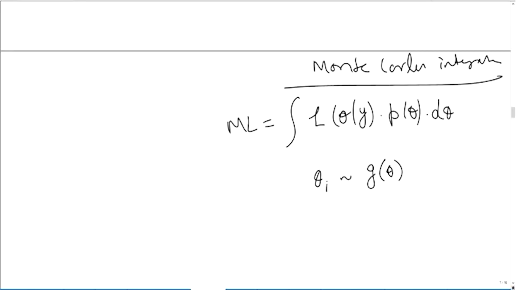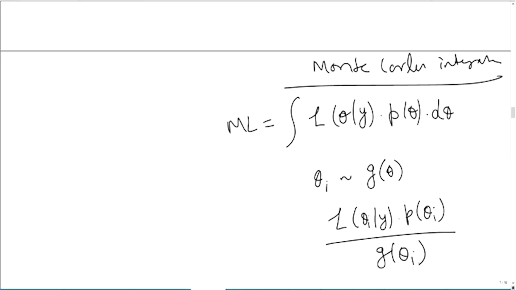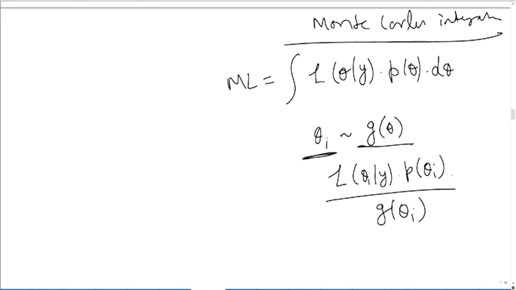Conditional on each theta I, calculate the likelihood times the prior and divide it by g of theta I, because theta I would have its inherent distribution if you are taking multiple values from g of theta. We want to take out that bias.